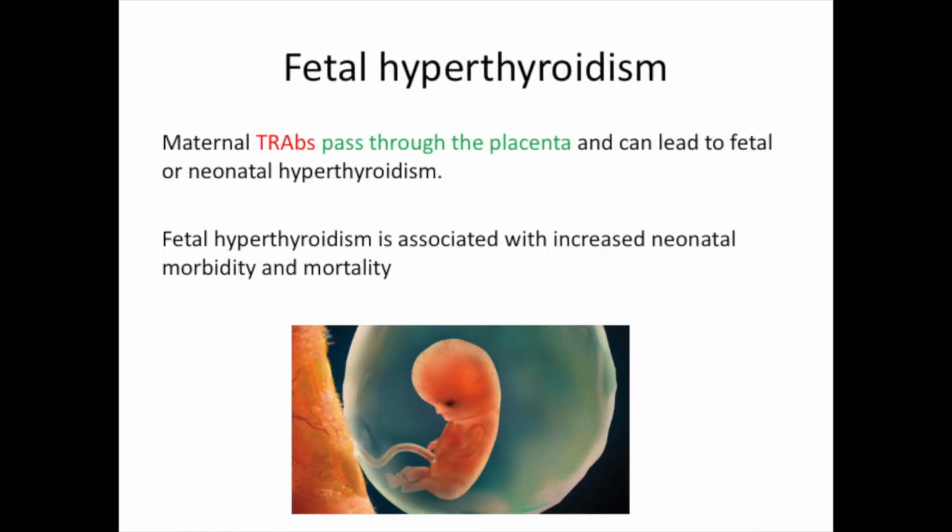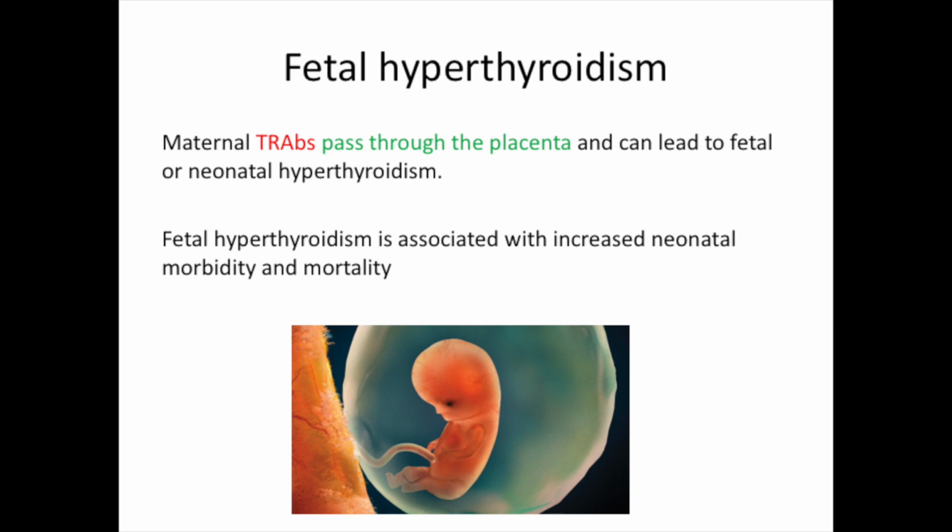Do you remember when we talked about fetal thyrotoxicosis or fetal hyperthyroidism? You know that this is caused by the maternal thyroid-stimulating antibody, which passes the placenta to reach the baby's thyroid gland, enhancing more thyroid synthesis and release into the baby's circulation.